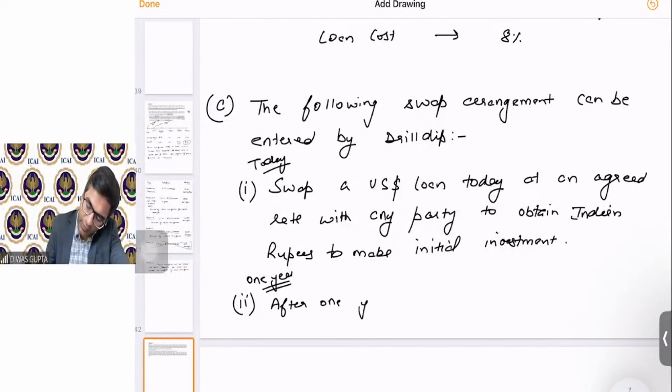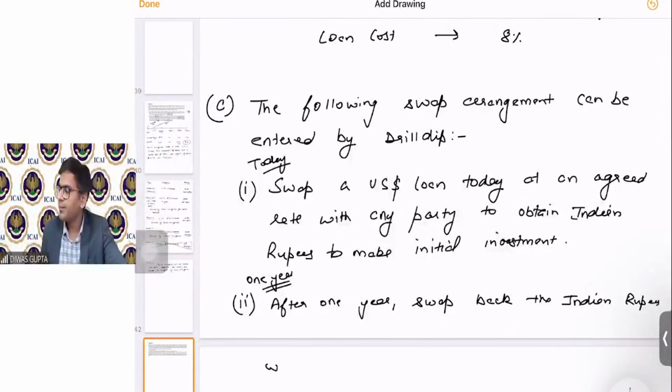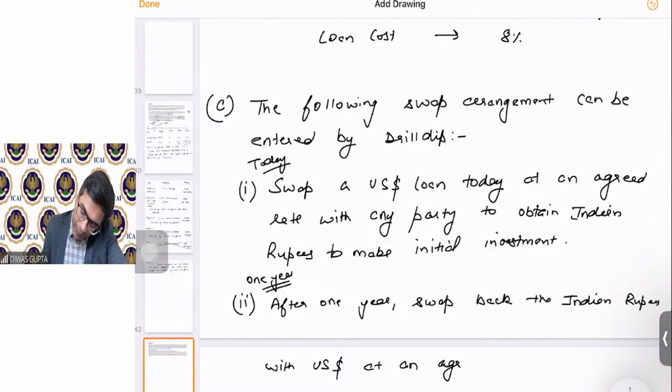After 1 year, swap back the Indian rupees with US dollars at an agreed rate. So after 1 year, we will swap back the Indian rupees with the US dollar at an agreed rate.